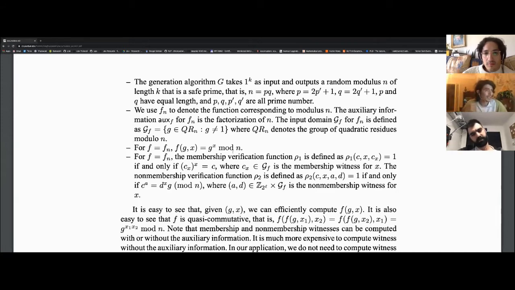And that means that I can give you now a membership witness C_X, which is just G to the product of all the elements in the data set, but the one that you're asking a proof of inclusion for. And then I can quickly verify that that element is part of the accumulator just by exponentiating my witness to the element X, and then verify that I get the accumulated value.